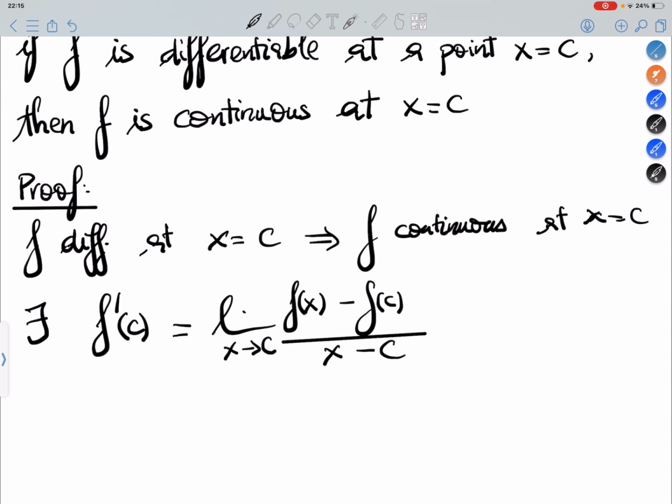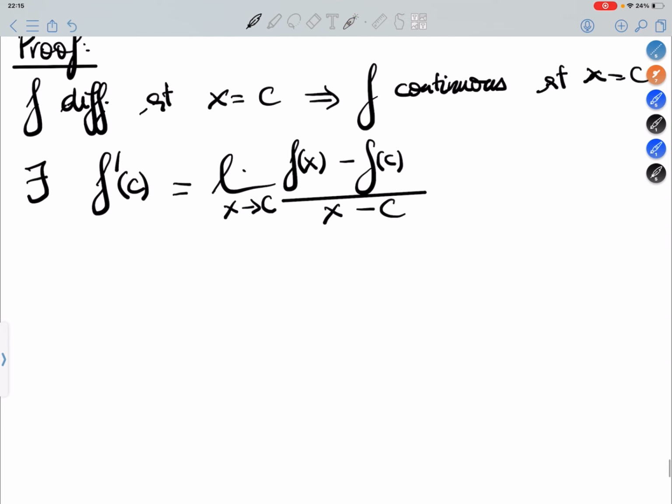So we assume f differentiable at x equals c. So this implies that a finite limit exists as x tends to c of f of x minus f of c over x minus c. Now let's see this limit as x tends to c of f of x minus f of c.